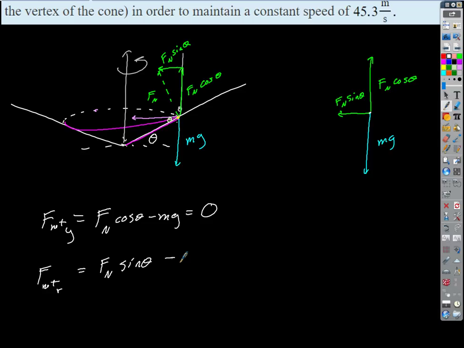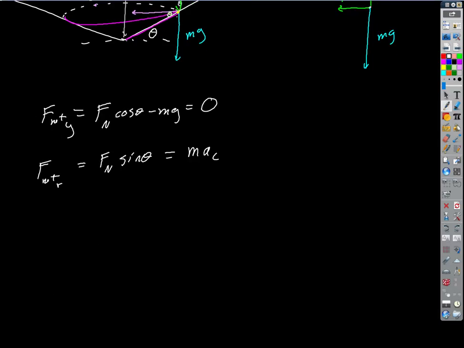MA, centripetal, there we go. So that allows us to solve for the centripetal acceleration, doesn't it? If I use this second equation, centripetal acceleration equals normal force sine theta over m, but what's normal force? mg over cosine.